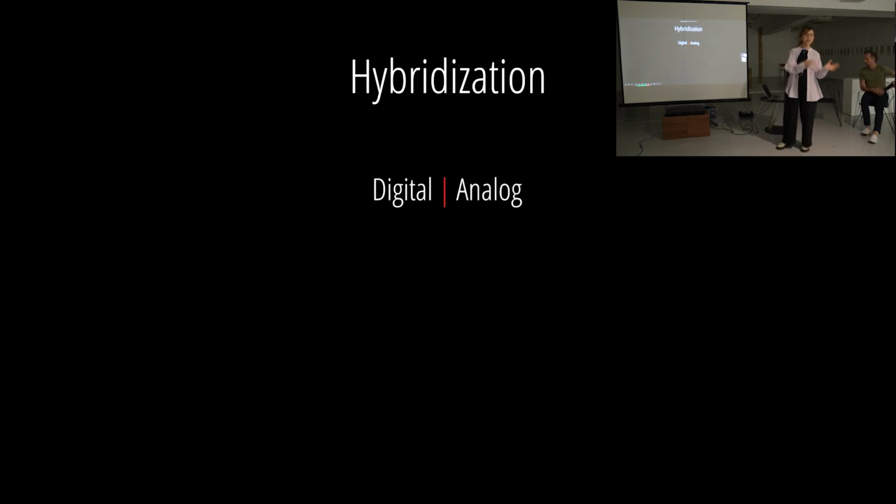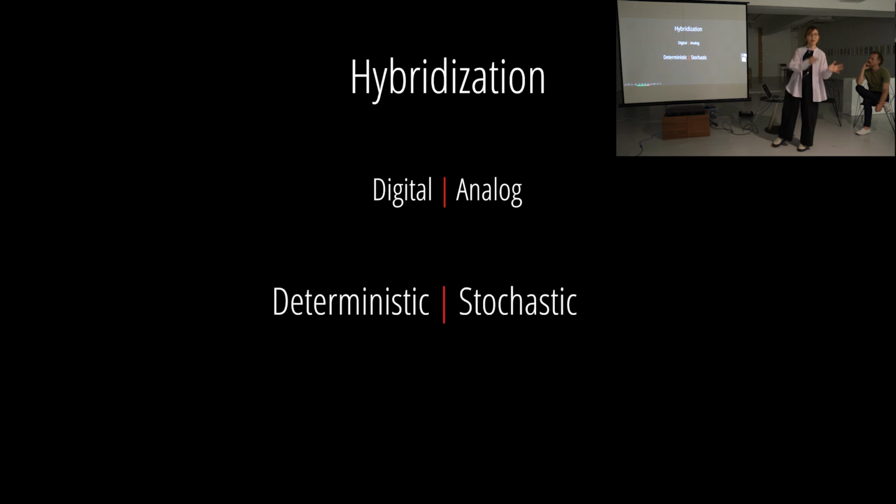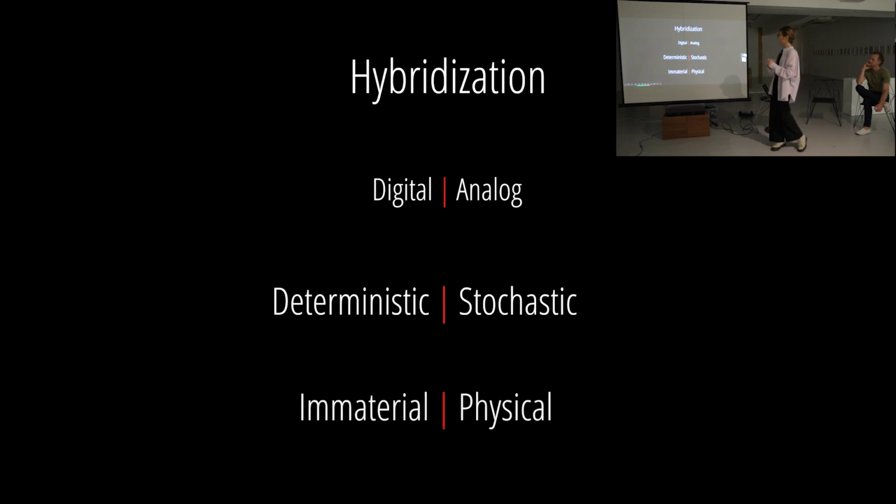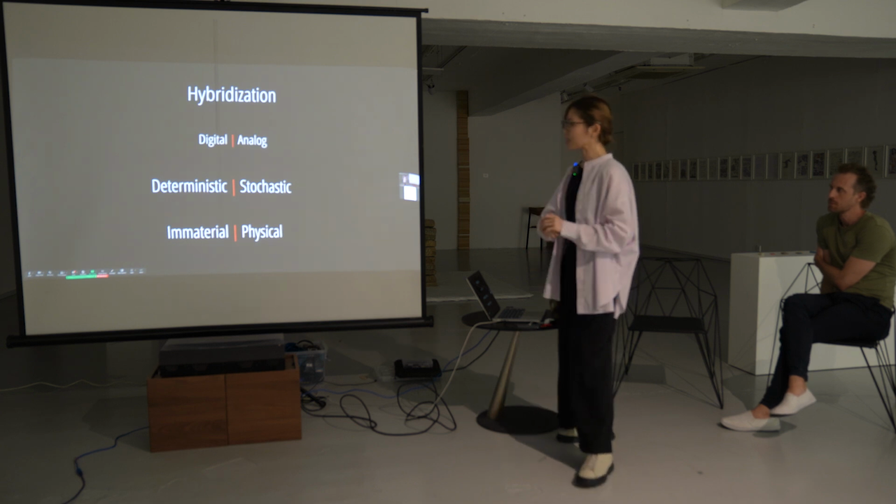It could be digital versus analog, no matter whether it is the type of information or the art form, the art practice, and also deterministic versus stochastic, because sampling and things like that to extract information could have different approaches, and also material and physical, virtual or reality.